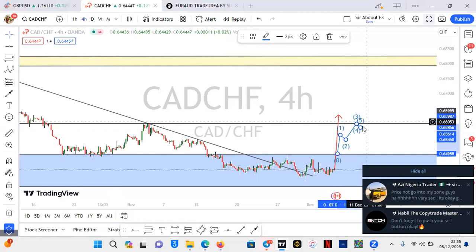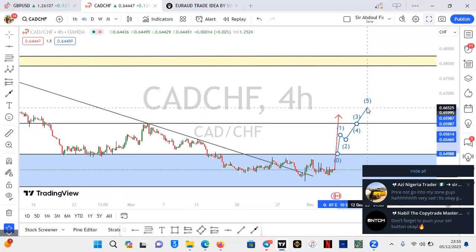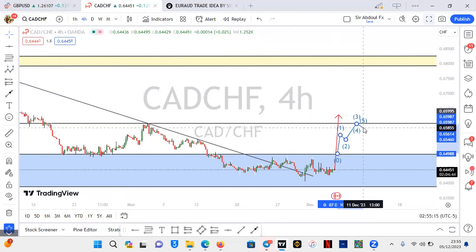But the market might just continue pushing to the upside without retesting this level. It just goes up.